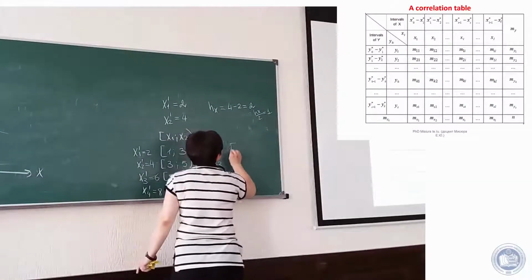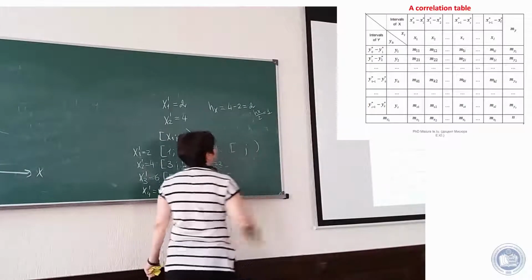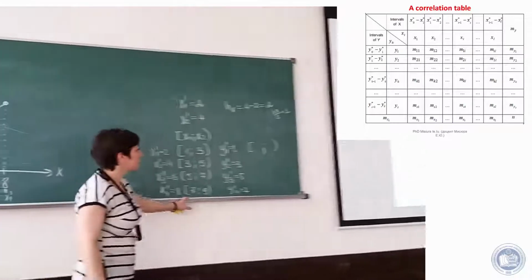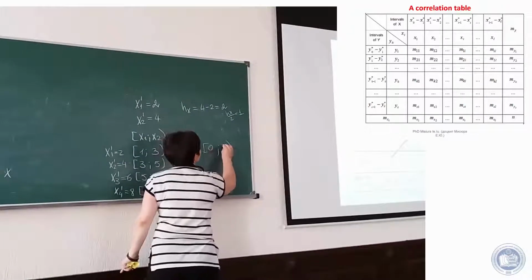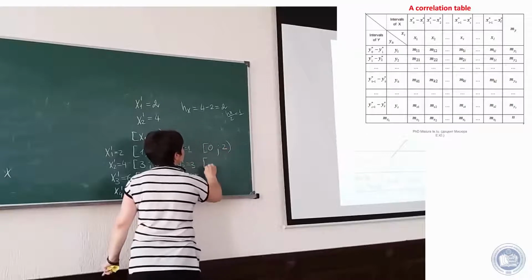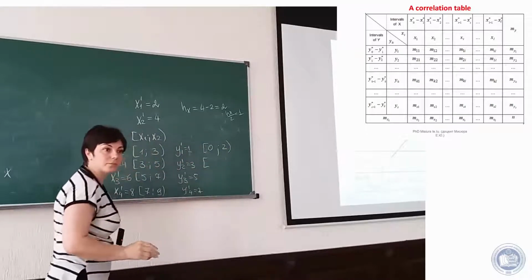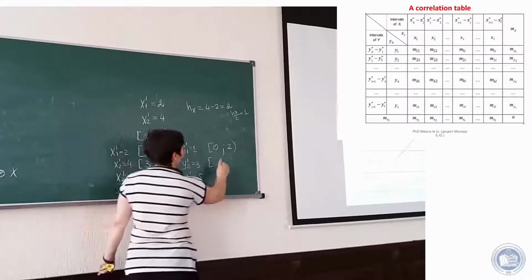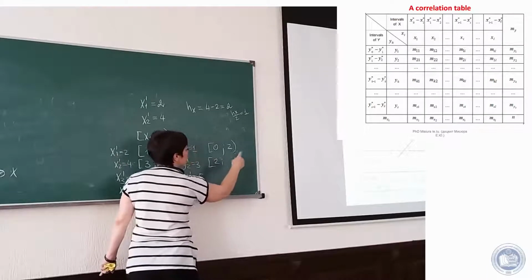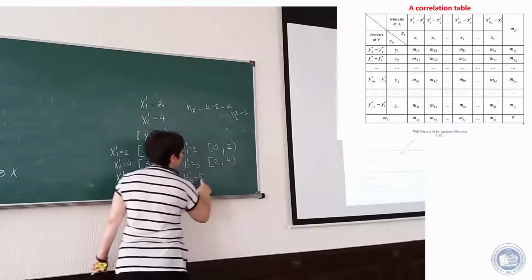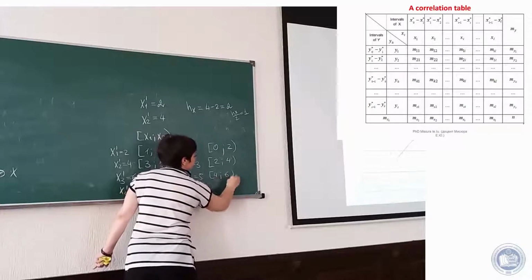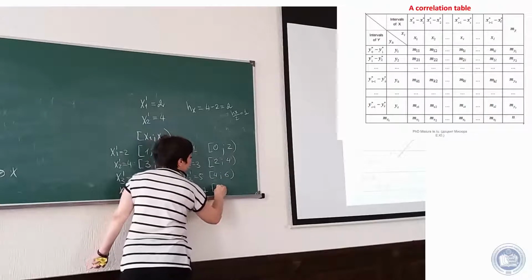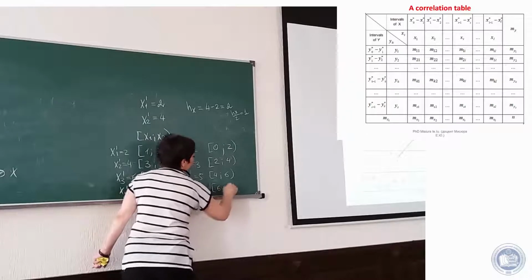Let's call limits of the first interval. 1 minus 1 equals 0 and 2. Next, 2 and 4. Okay. 5 lies between 4 and 6. Okay. 7 is between 6 and 8. Okay.